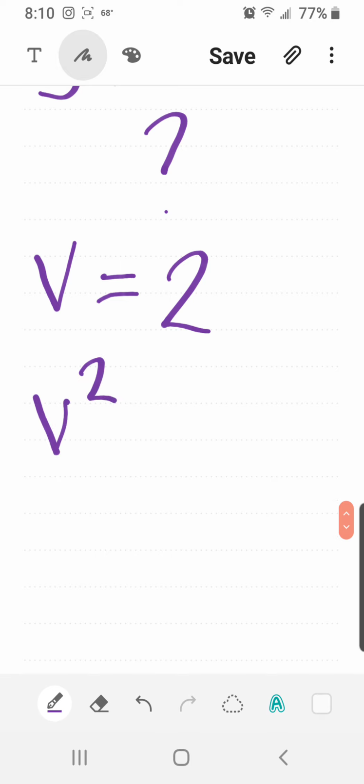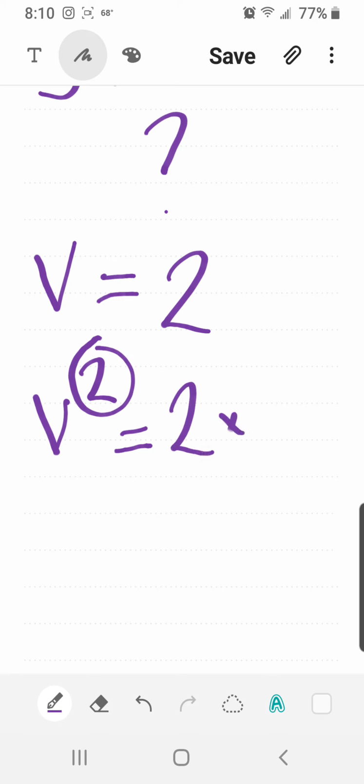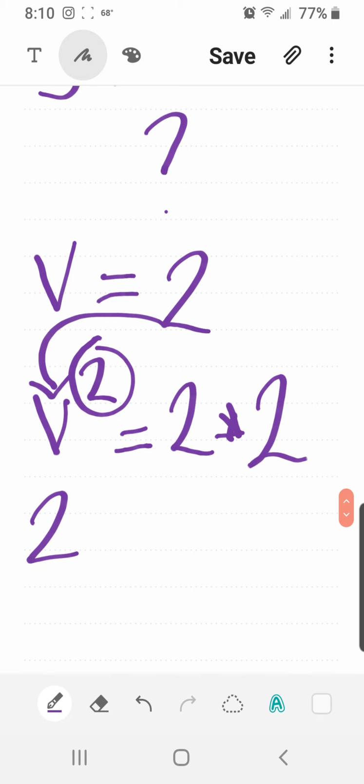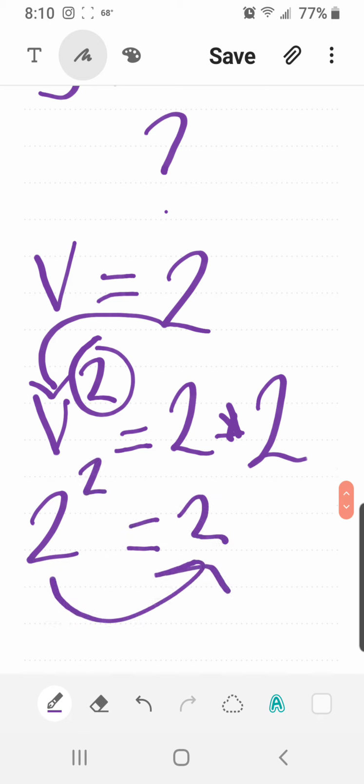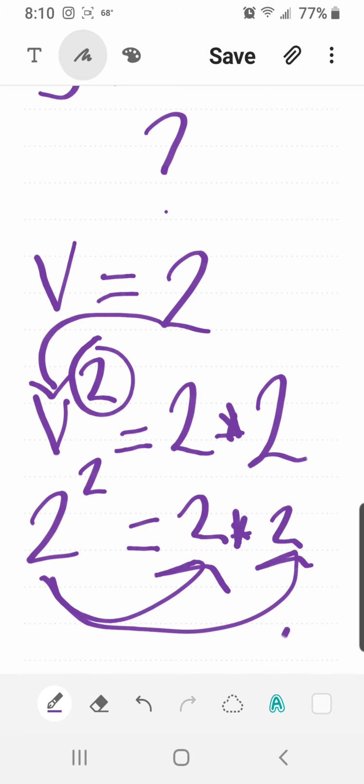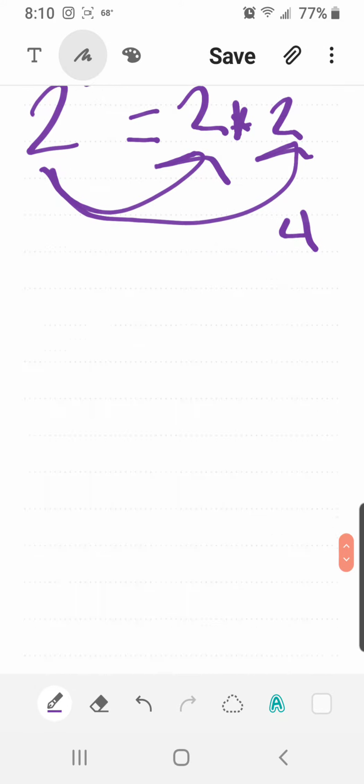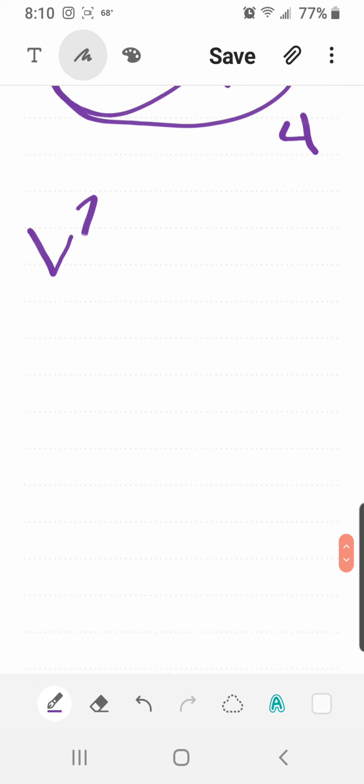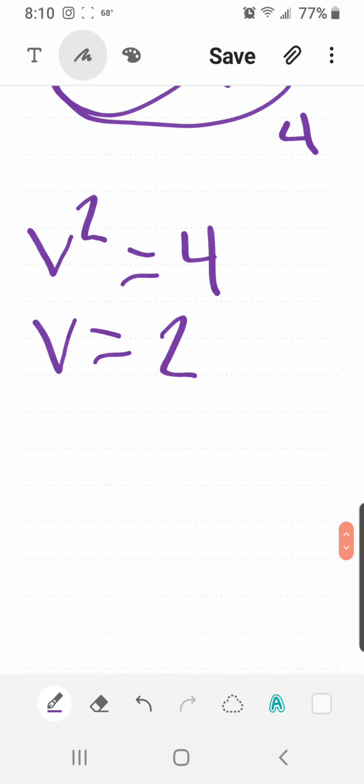What does v squared equal? Remember, if it's squared, we're just multiplying it by itself. So 2 times 2. 2 squared is the same thing as 2 times itself, which is 4. So v squared is equal to 4, but v is just equal to 2.